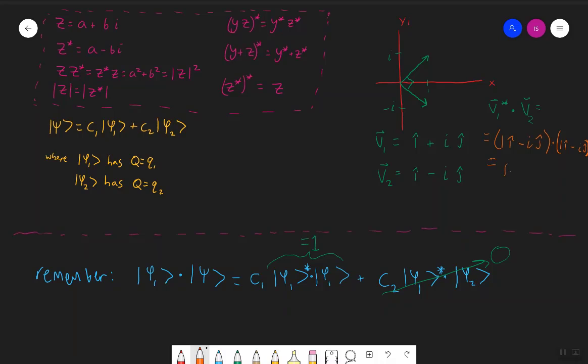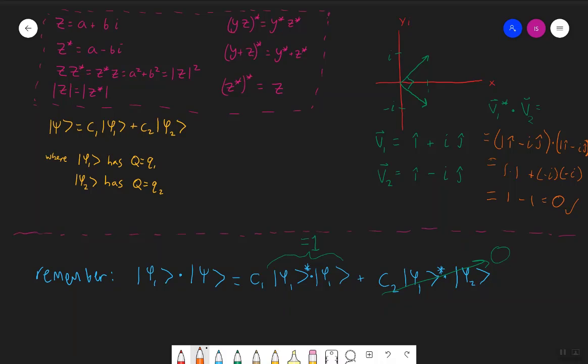This is 1 times 1 plus negative i times negative i. But negative i times negative i is negative 1. That's just negative 1 times i times i, so negative 1, and so 1 minus 1 is 0, and they're perpendicular.